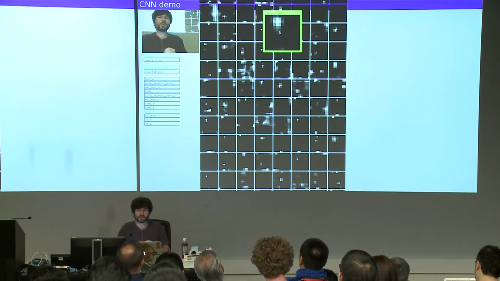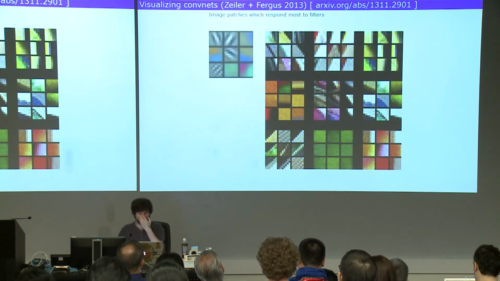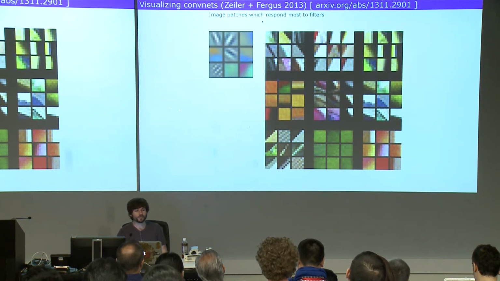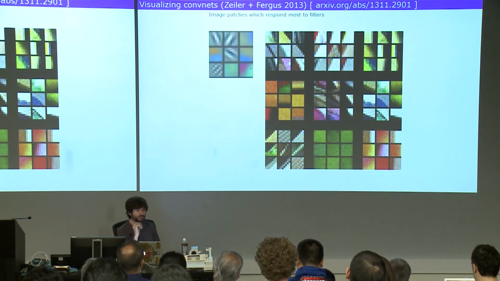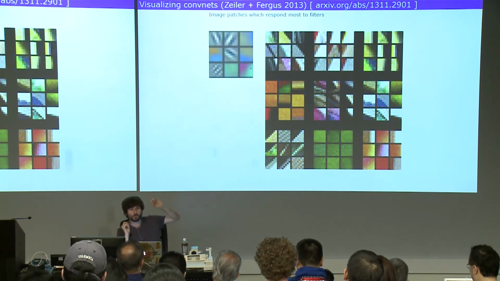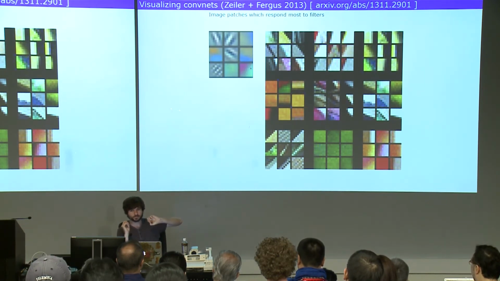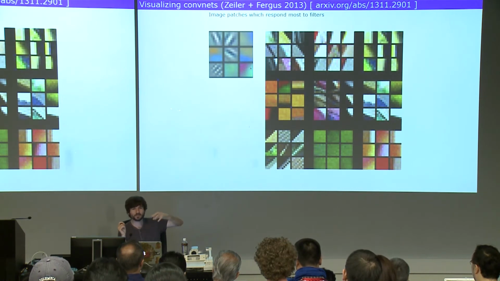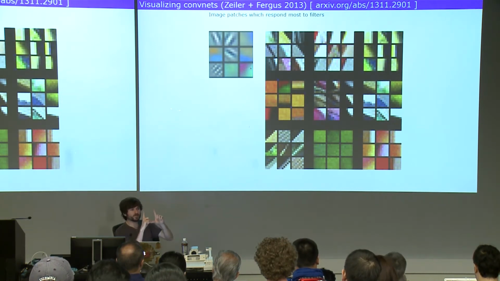So one way of doing it is this approach that was first described in 2013, where these scientists basically said, what if we take 1,000 images or 10,000 images and we send them all through the network and we record their activations, and then we just save whichever parts of the images made those neurons light up the most.